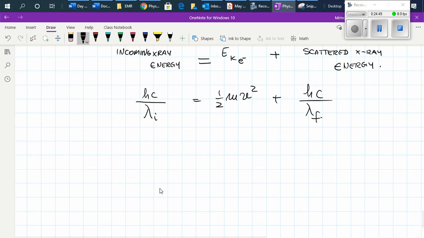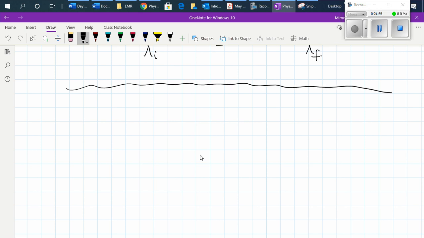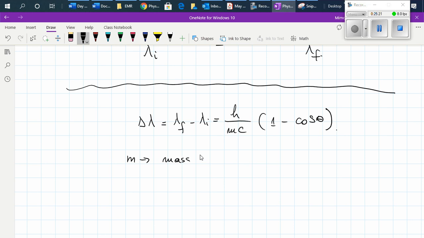Using both of those two principles, conservation law of energy and conservation law of momentum, we can draw the conclusion that the change of wavelength in the X-ray photon, which is always final minus initial, is equal to h over mc times (1 minus cosine theta), where m is the mass of the electron, that is 9.11 times 10 to the power of negative 31 kilograms.